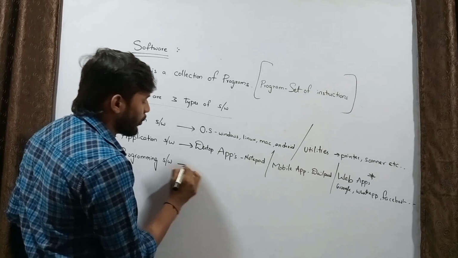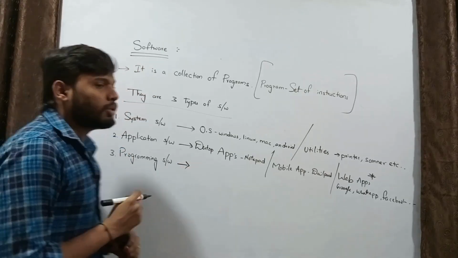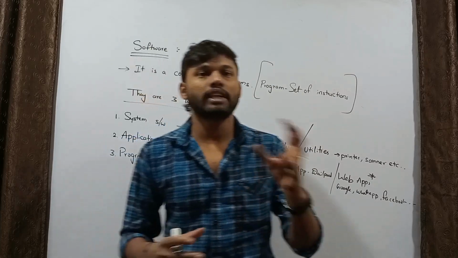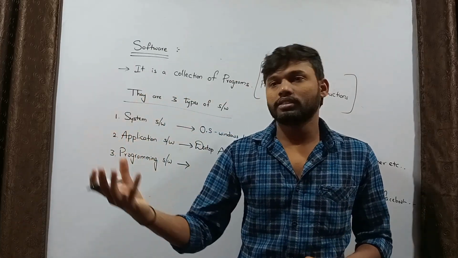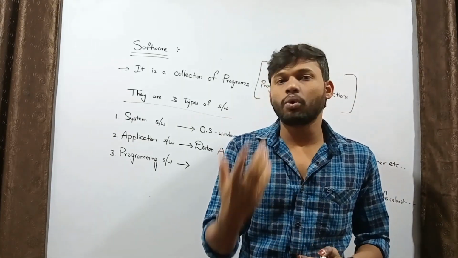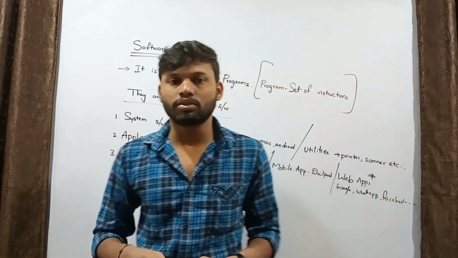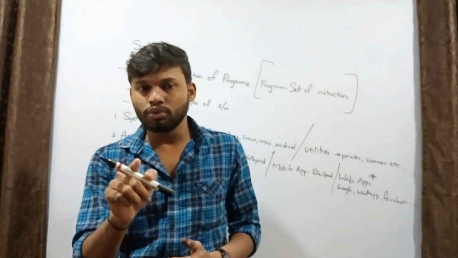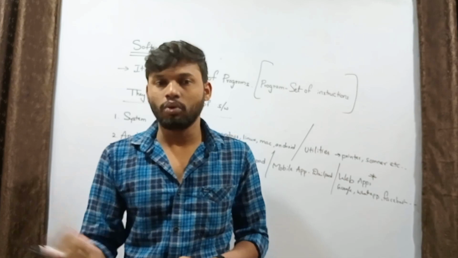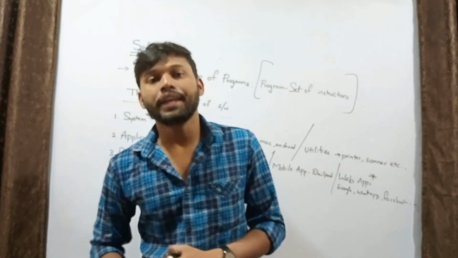Next, programming software. We have programming languages like Java, Python or C++. We don't know the machine language; we write the programs in English only. To convert English to byte code or binary code, we require compilers and interpreters.